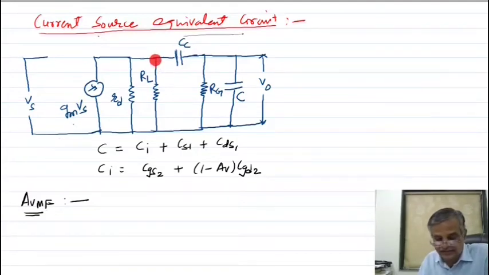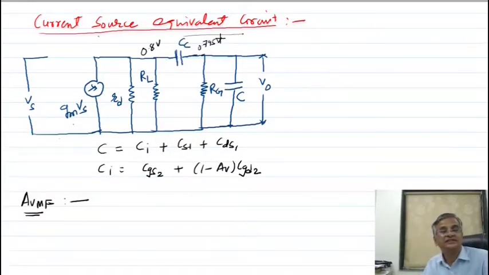So what will happen? Whatever voltage is here, same voltage will come here because these offer a very low reactance. To explain you, I can say suppose here voltage is 0.8 volt AC. This has only 1 or 2 ohm resistance. Then you will get 0.795 volt. That means there is no loss of voltage.